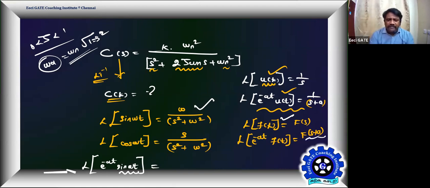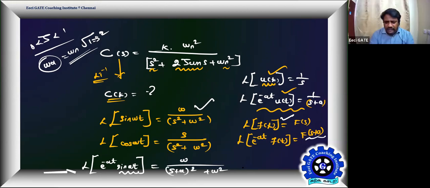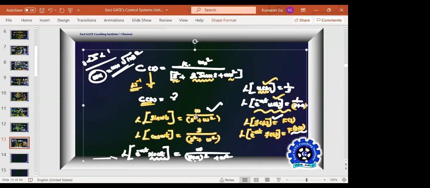Wherever you have s, replace it by s plus a. Then what is the identity? Omega by (s plus a) the whole squared plus omega squared. Logical? Following right?